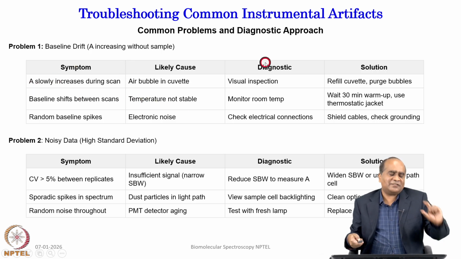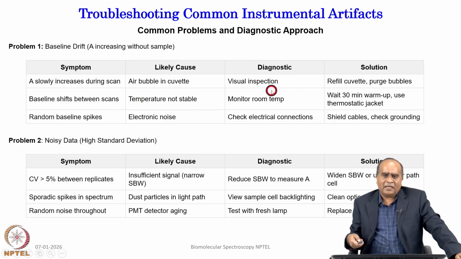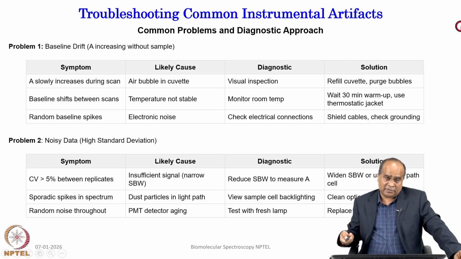You can visually inspect it, refill the cuvette, purge the bubble, and then you can get a better spectrum. You can have a blue shift between scans. This means temperature is not stable, so you have to monitor the room temperature and keep it stable. Wait 30 minutes to warm up, use a thermostatic jacket, and then reuse it if temperature is not stable.